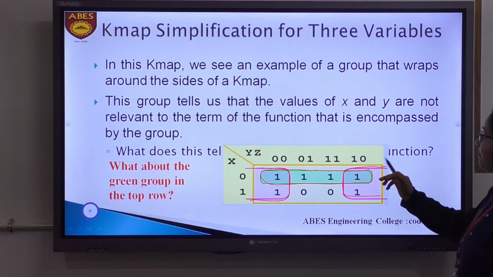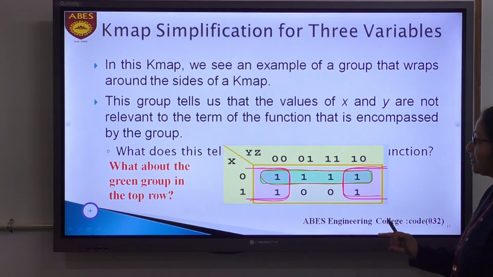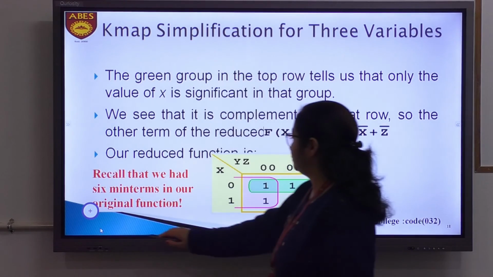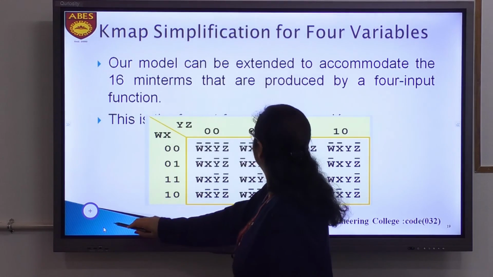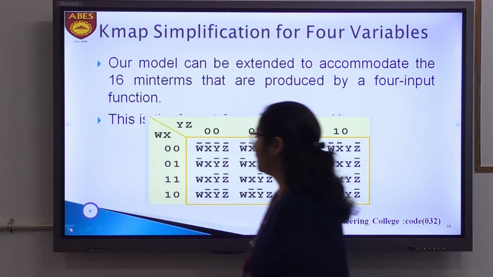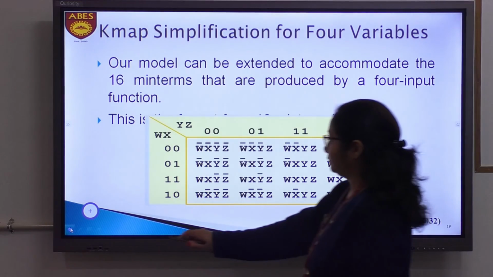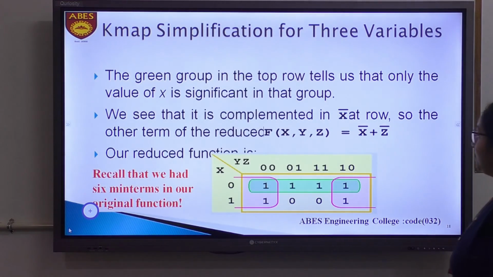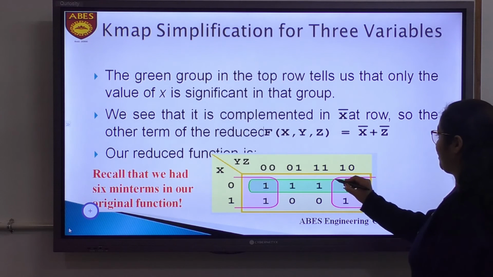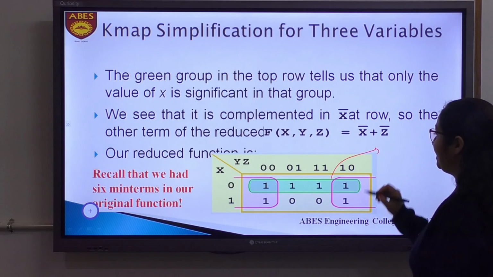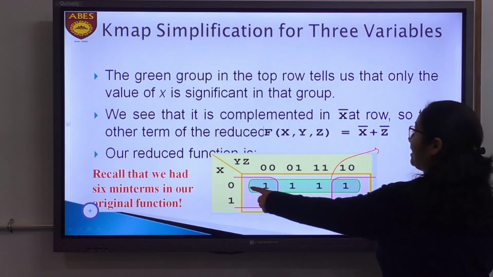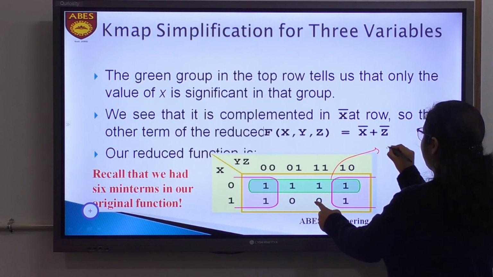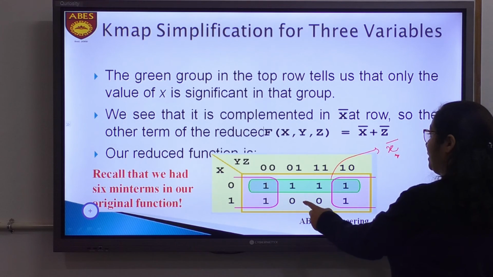Now how to simplify these 2 groupings? If we talk about this grouping, the green area, the x value is 0 for every minterm, so x is taken as x bar, right?